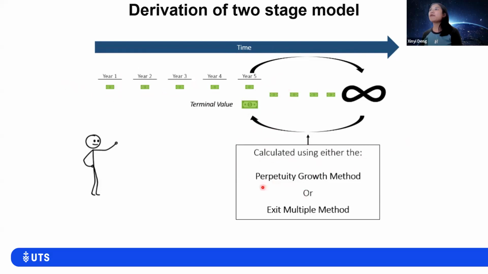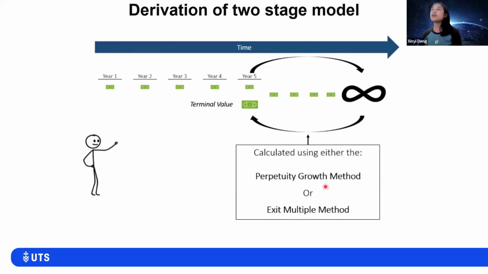Another name for the constant growth model is the perpetuity growth method. And what if the investment does not continue forever? What do we do to estimate the terminal value from the second stage? The other method we can resort to is the exit multiple method.